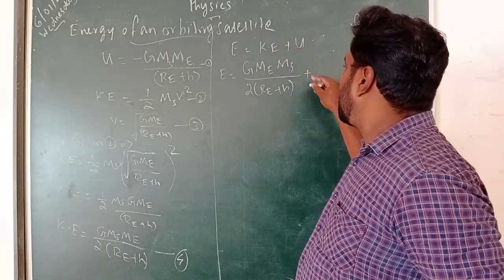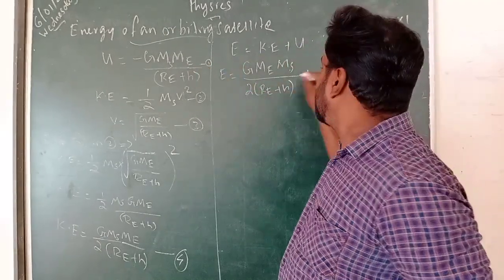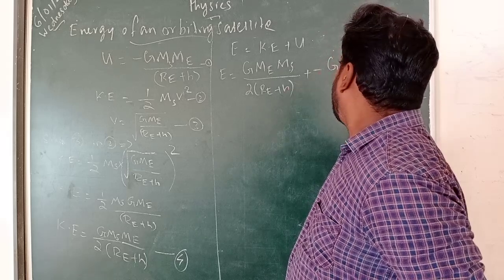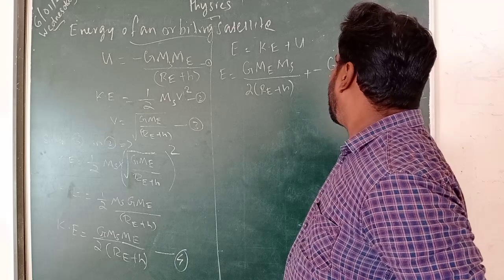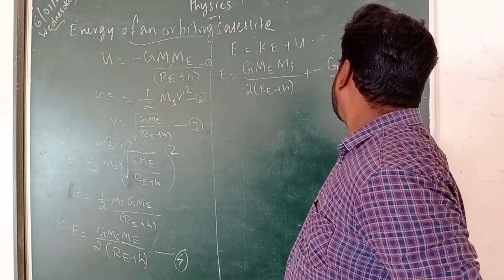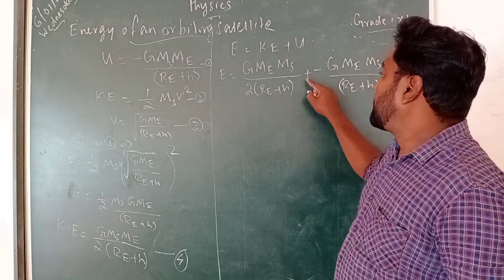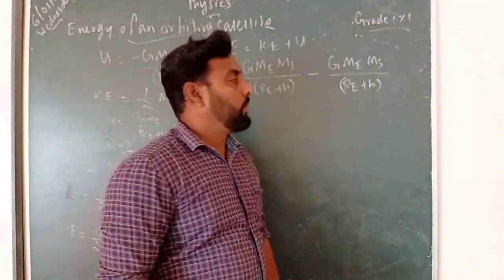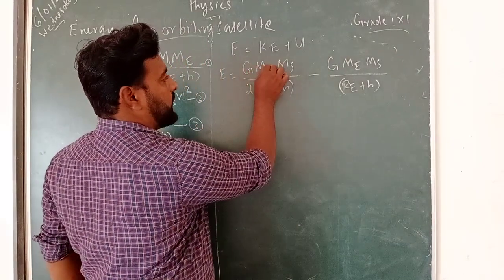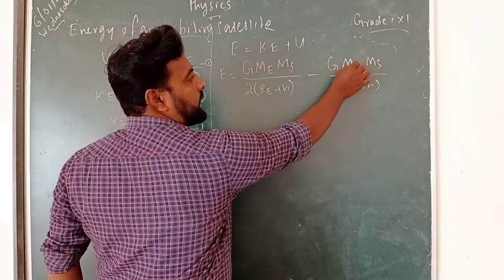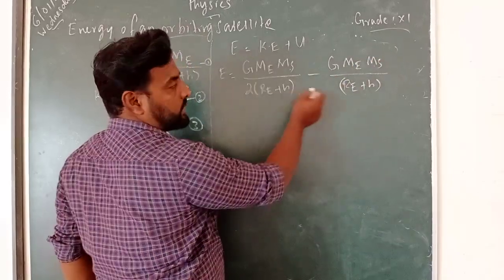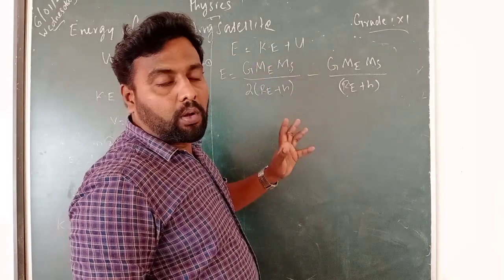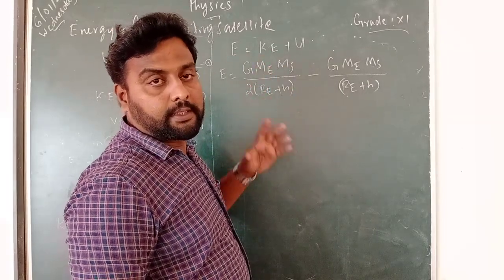Plus, then the U value is minus G ME MS by RE plus H. Plus into minus is minus. Now we have to add. Before adding, in both terms we have G ME MS over RE plus H. So G is common, ME is common, MS is common, RE plus H is common.